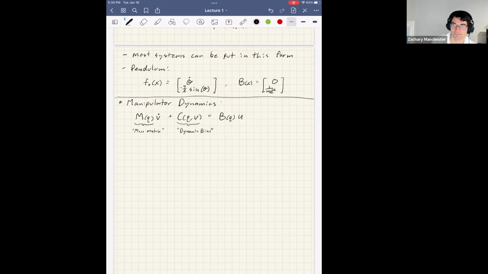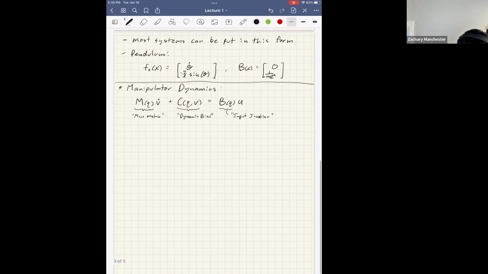People often wrap damping terms in there as well. And there's a few ways to write this, but this is the one that the toolbox we use in Julia uses, so that's what we're going to do. This thing, once again, is called the input Jacobian. And the rest of this stuff, you know what it is, I think.